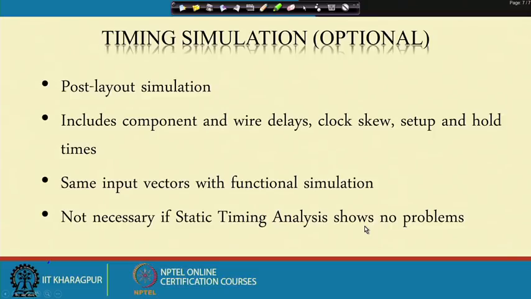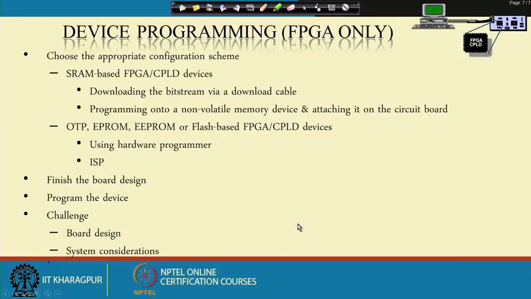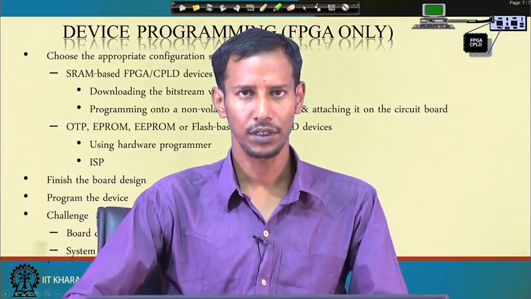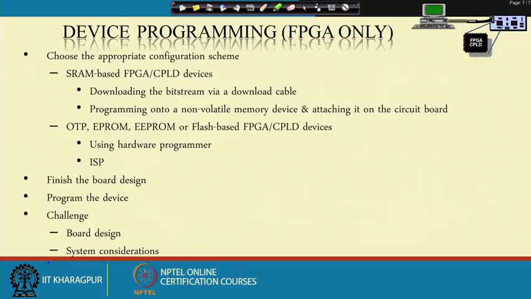So, whenever we are doing timing simulation, static timing analysis is one of the very important parameters. After that there is the option of device programming, as I am following FPGA. Once everything is done and timing simulation is working fine, you can go for the device programming part.